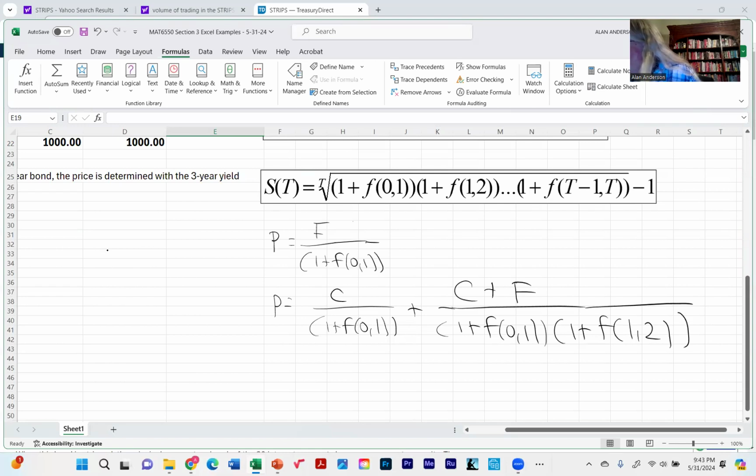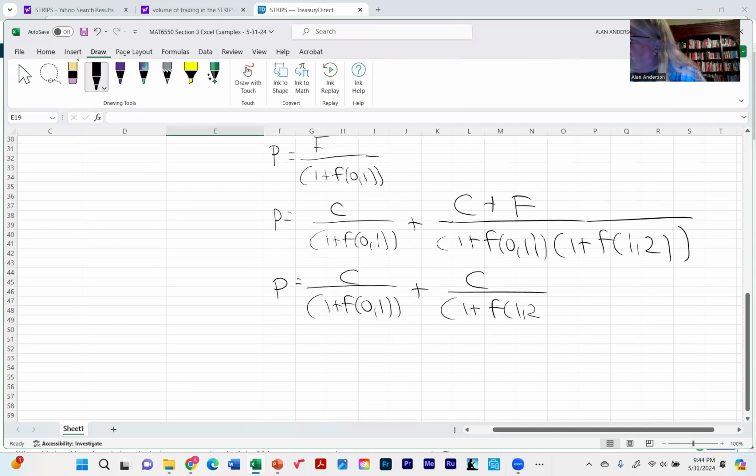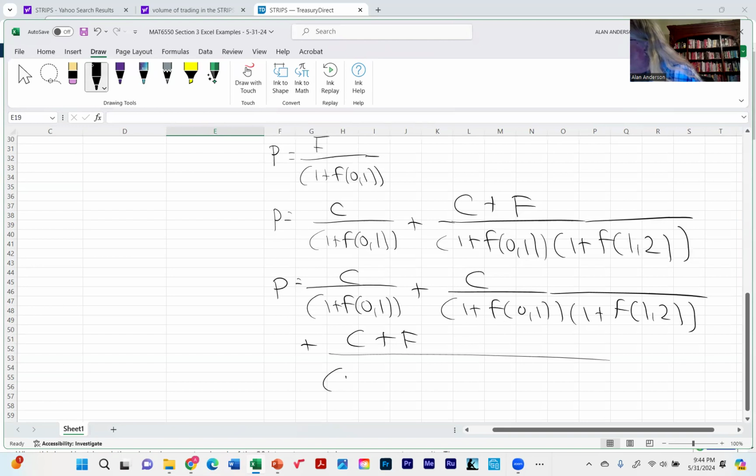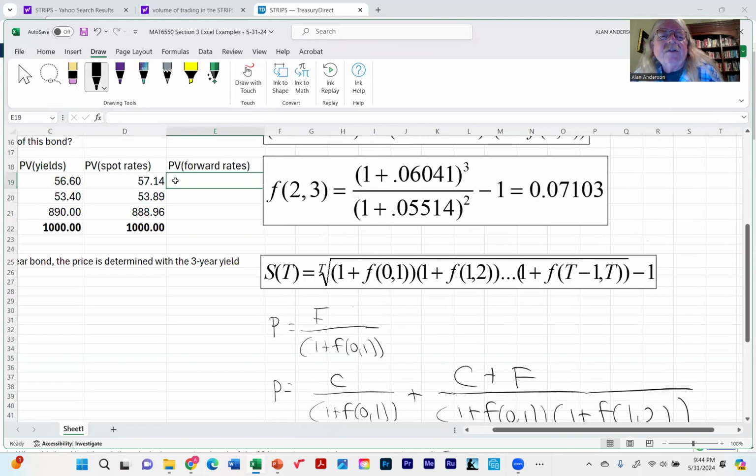And then for the 3-year bond, it's getting really messy, but we're going to see that it produces the same results.